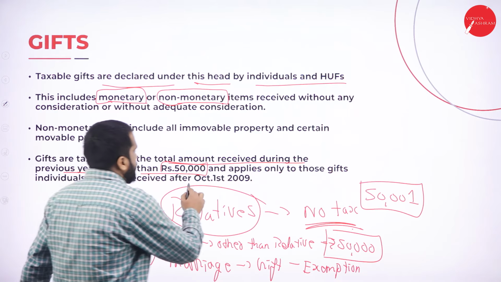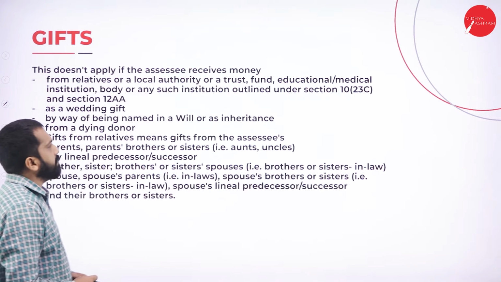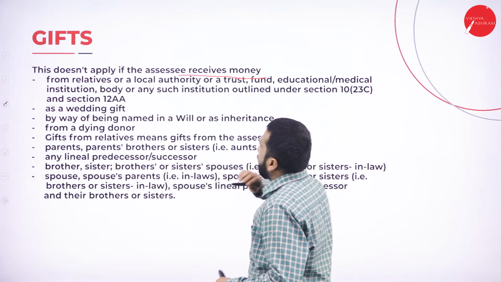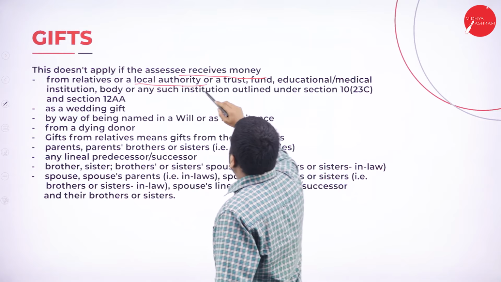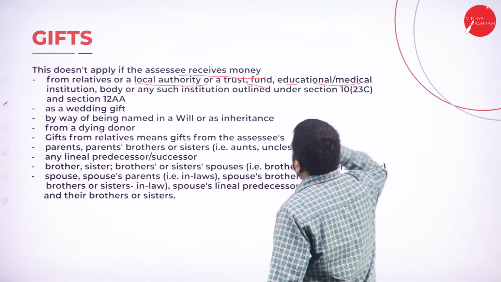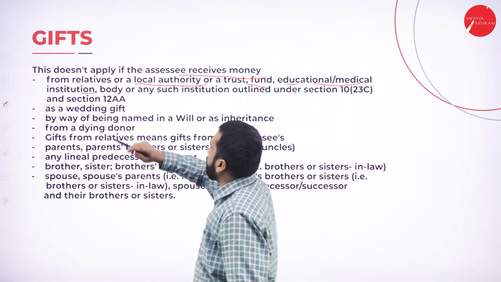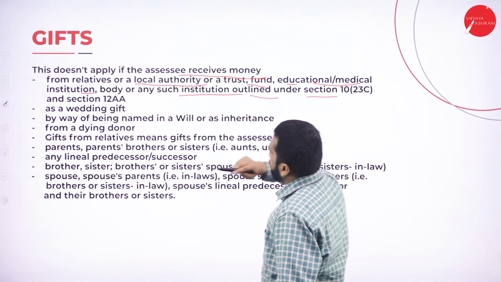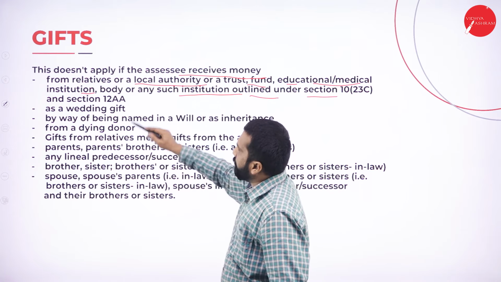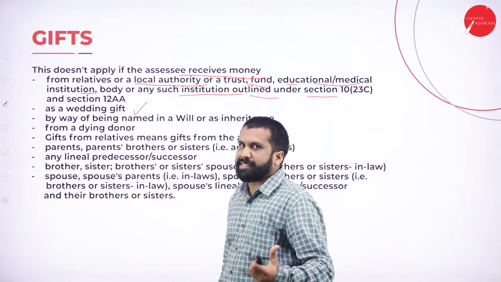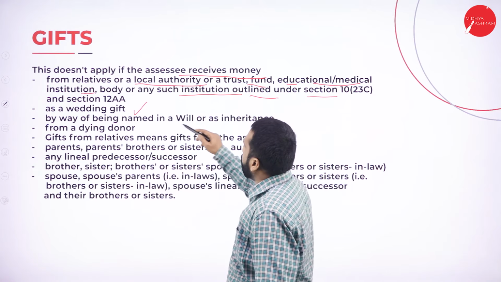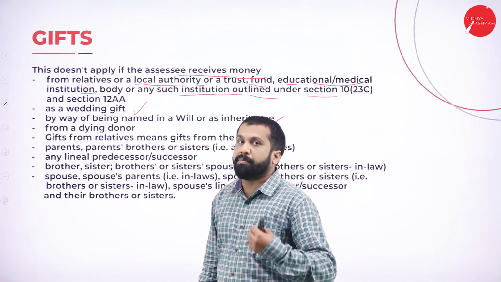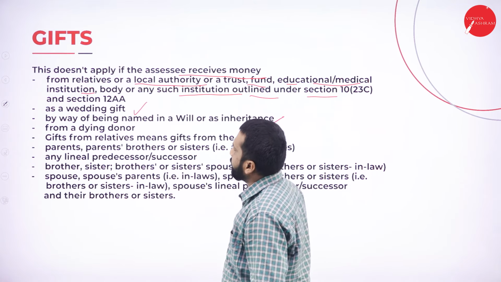This doesn't apply if the assessee received money from a relative or local authority or trust, fund, educational institution, medical institution, or any such institution outlined under the section. So wedding gifts are always exempted. Remember, by way of a will or inheritance, if you get it, that must be from your relatives. So it is always exempted.